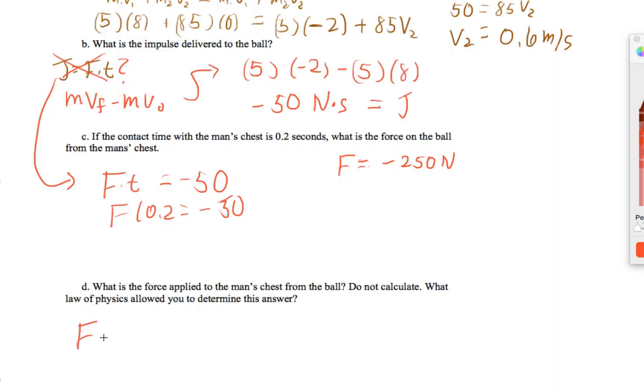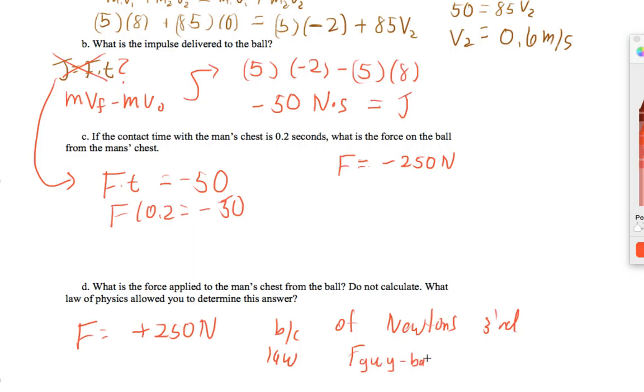It is actually also 250 newtons, but positive, and that's because of Newton's third law. That is, the force on the guy due to the ball equals negative of the force on the ball due to the guy.